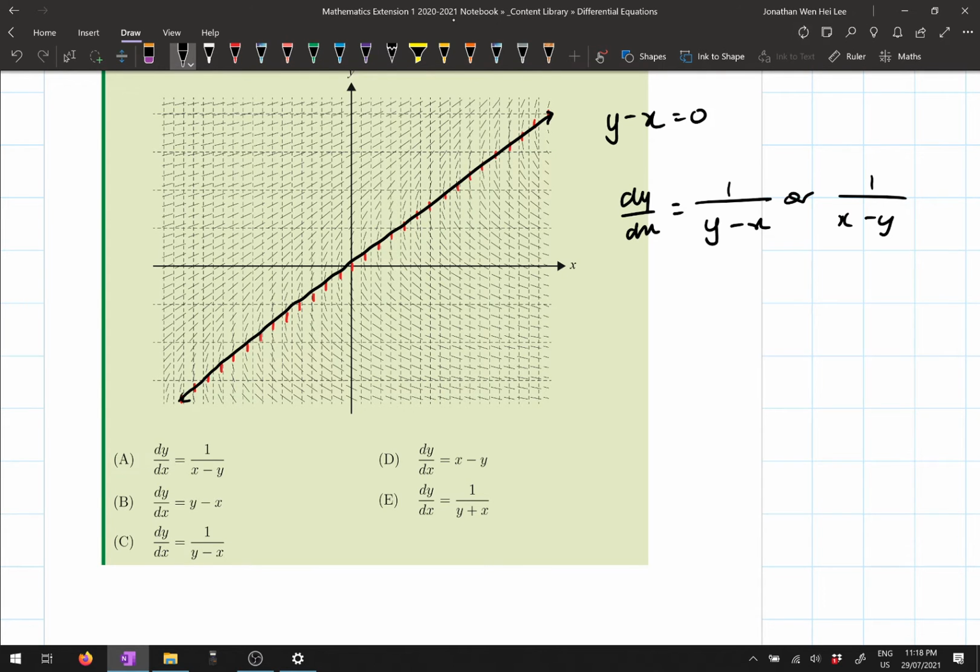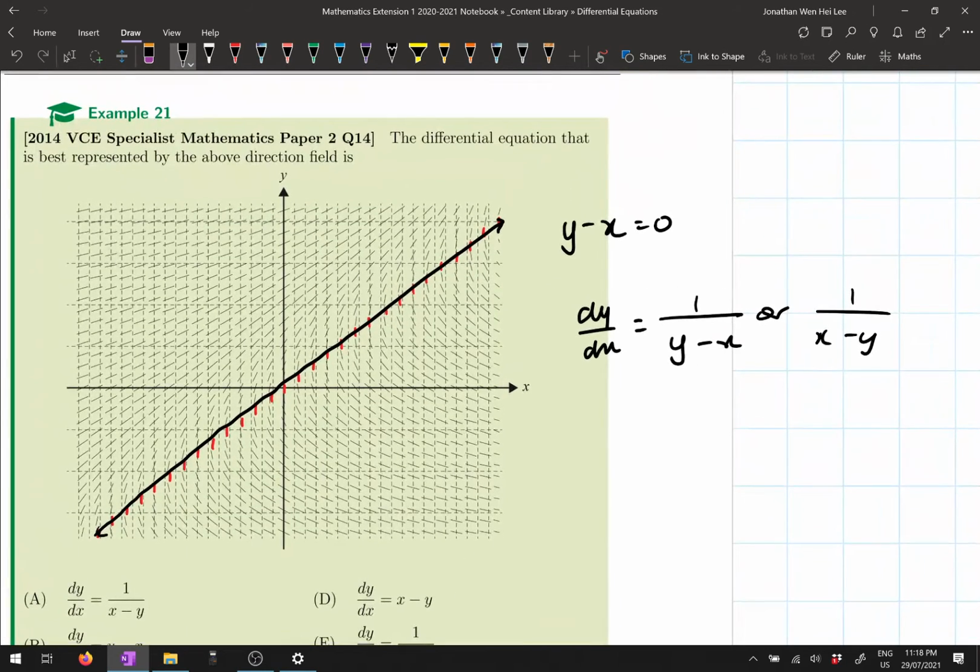The reason being is because here, for this equation for the line, they've created this vertical asymptote. Let me actually try that again. So here we've got the line y is equal to x, and that means that if I rearrange it, we've got y minus x is equal to 0. And if y minus x is equal to 0, then we've got this vertical gradient along this line.